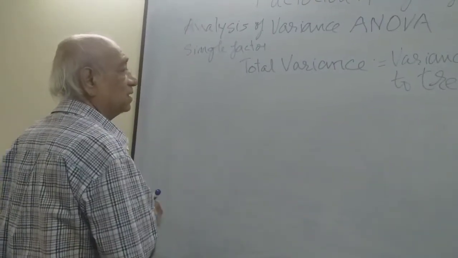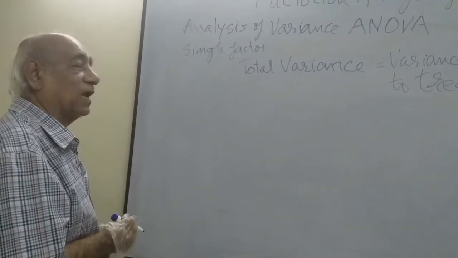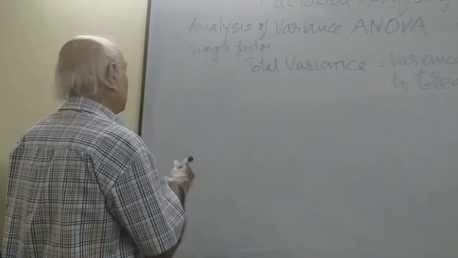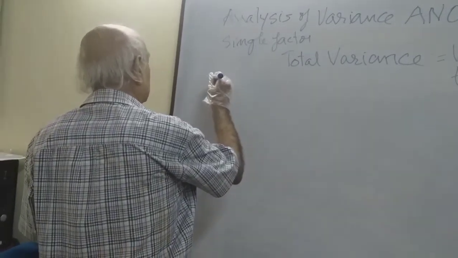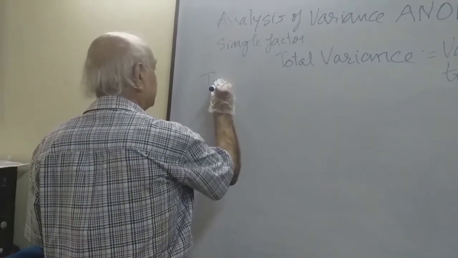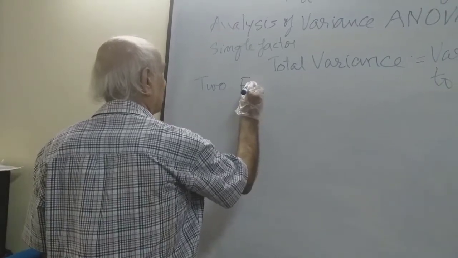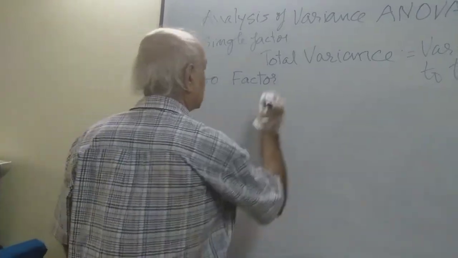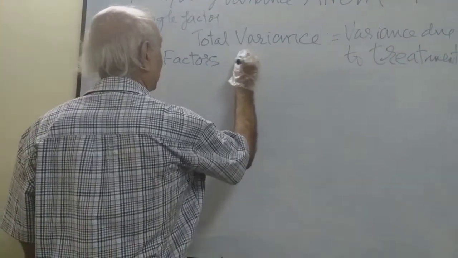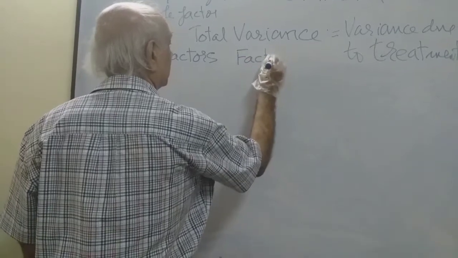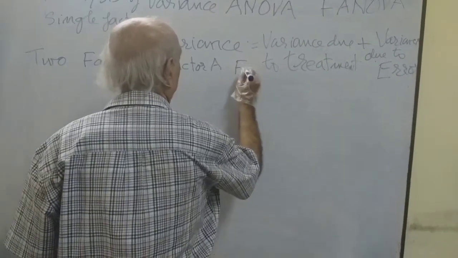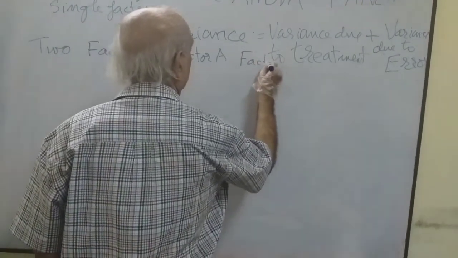That is the simple analysis of variance. In the factorial analysis of variance, there are different factors. For example, you can have two factors, call them factor A and factor B. So there are two factors.